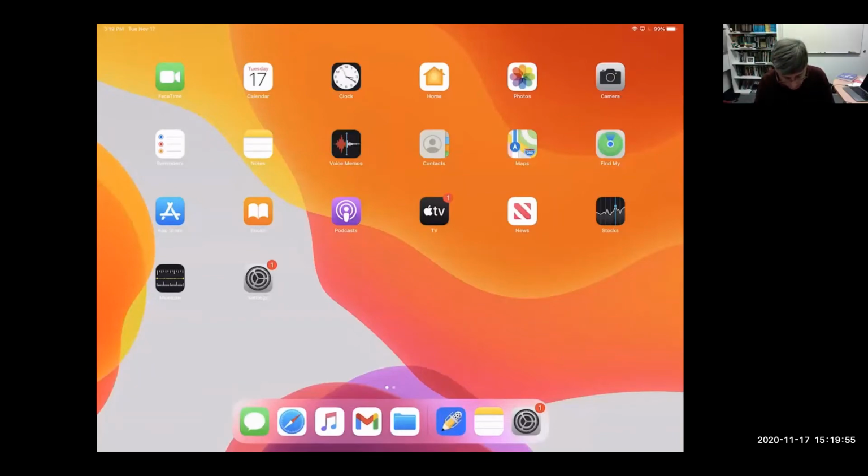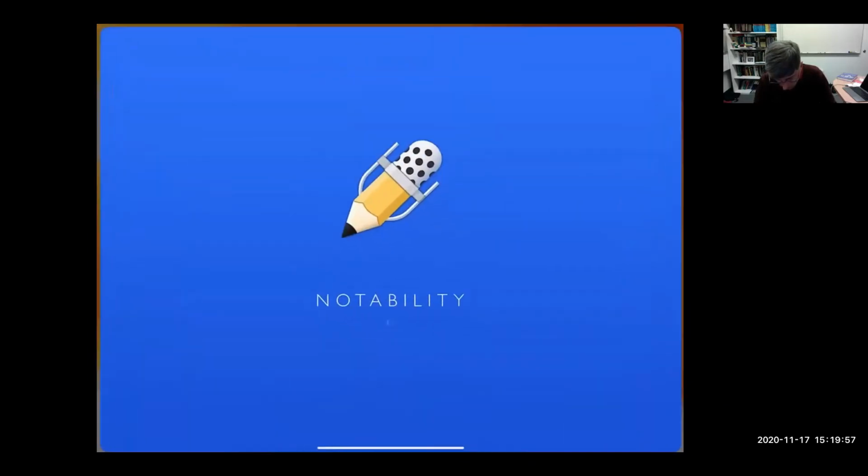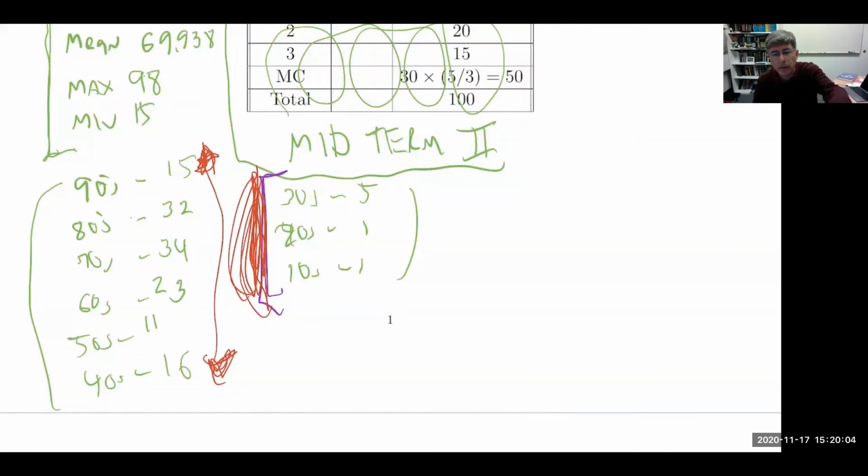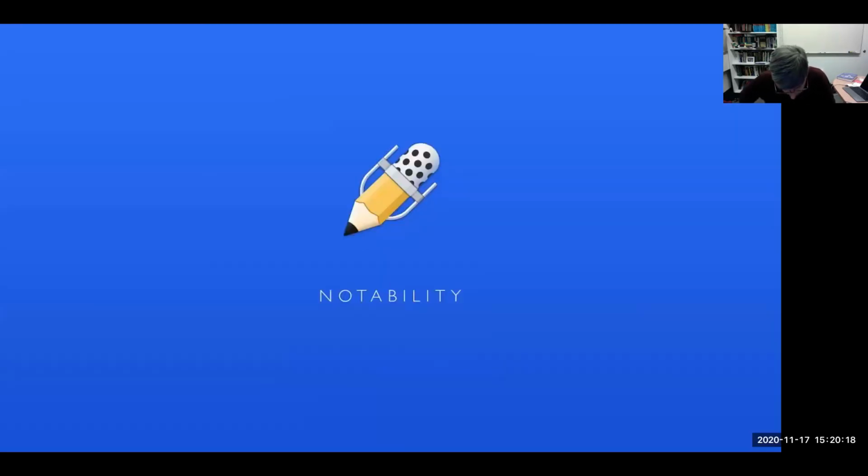If the TA is listening and wants to tell me, if you're really certain about it, you could compute an estimate of the standard deviation by assuming everybody's in the center of their bin. But anyway, let me get to the lecture for today.